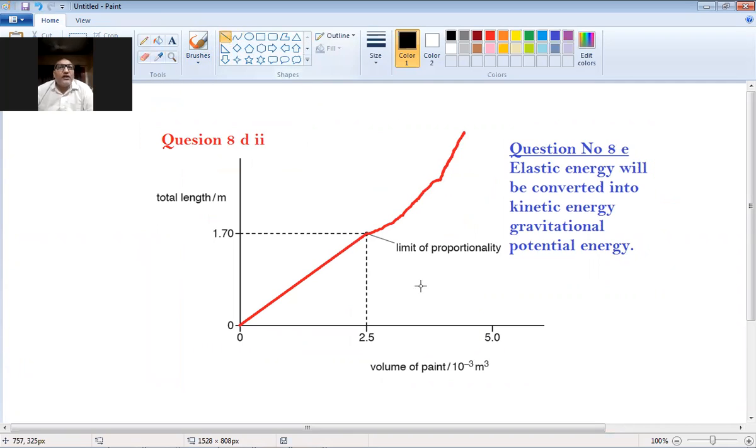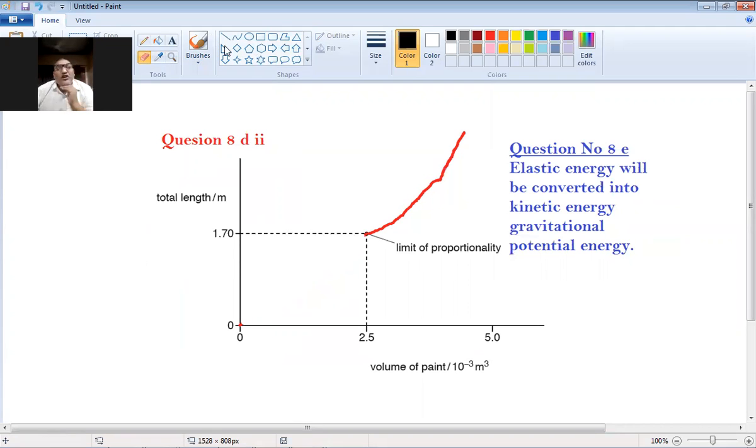So this line should not be here. This line is a straight line, no doubt, but this cannot pass through the origin because on the y-axis you have the length. So if on the y-axis you have the length, then the graph cannot pass through the origin.